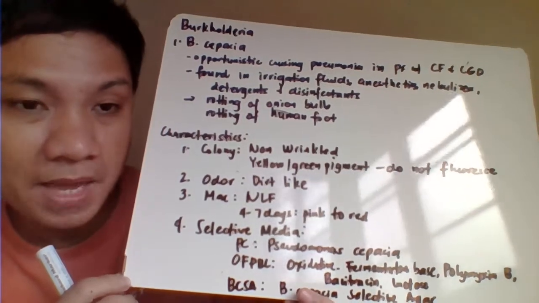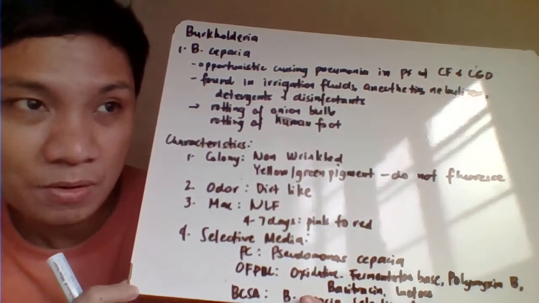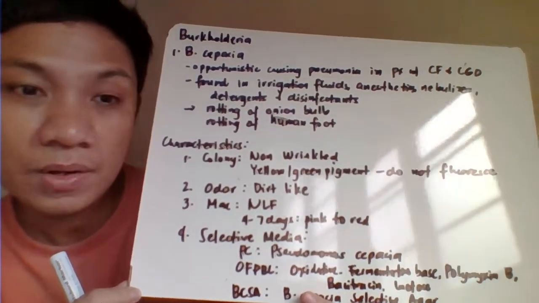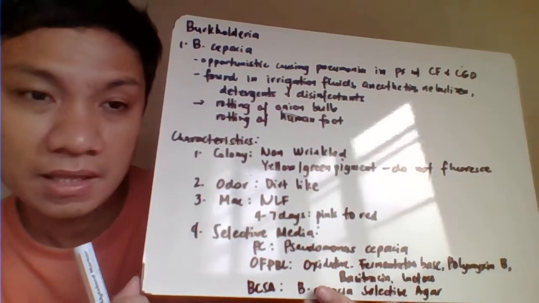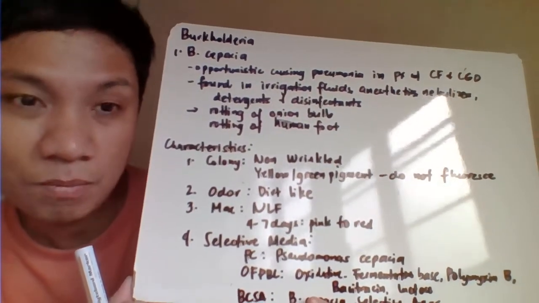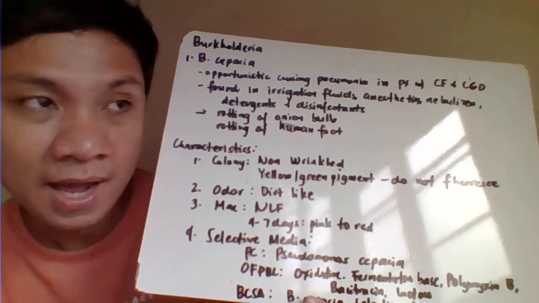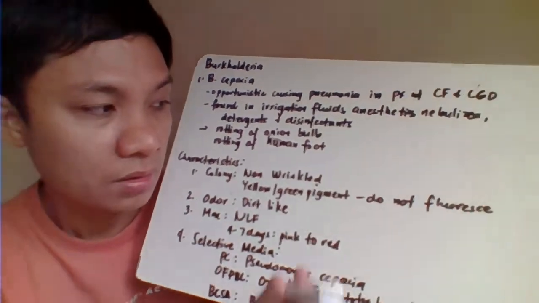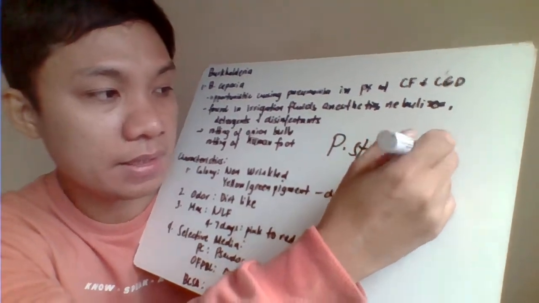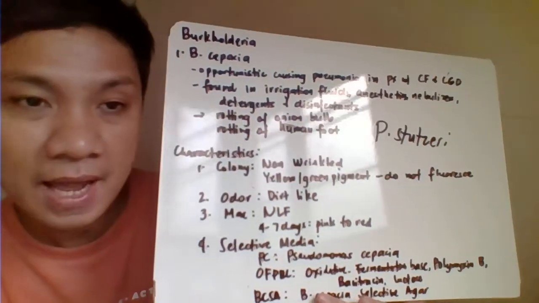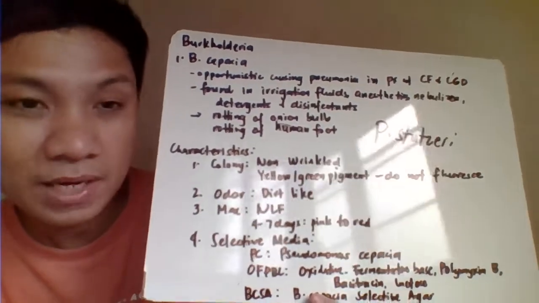This one in the BAP appears to be non-wrinkled, but it tries to produce a yellow-green colony pigment. Non-wrinkled would identify this one with your Pseudomonas putida, although pareho sila ni Pseudomonas na produce ng yellow-green na pigment.